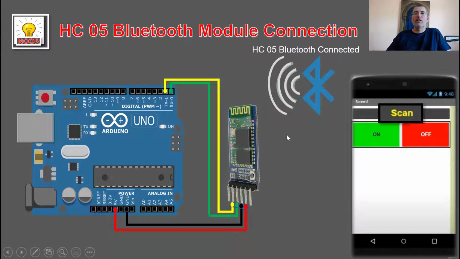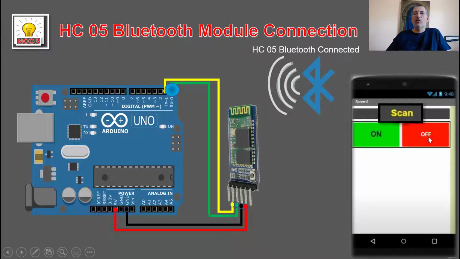Once that is connected, now we can actually send, let's say, character 1. Once you click on this, number 1 is going to be sent through the transmit, and it's going to come to the receive. That's how we're going to have that communication between the phone and the Arduino Uno through a wireless Bluetooth protocol.